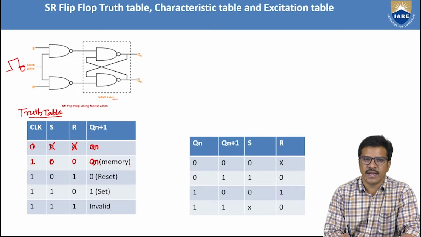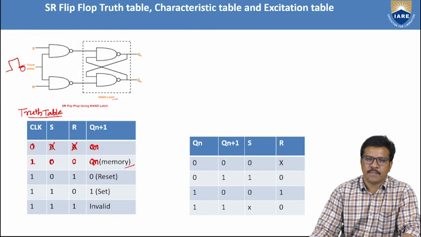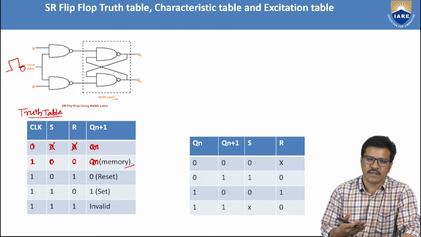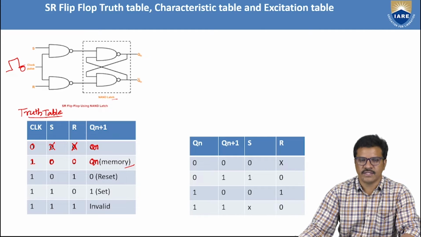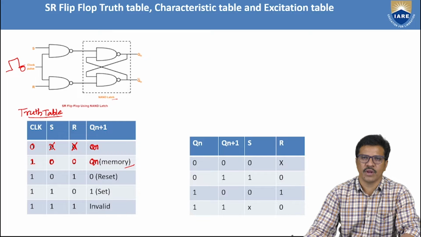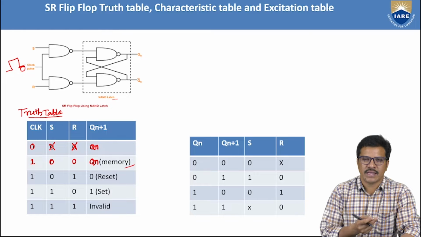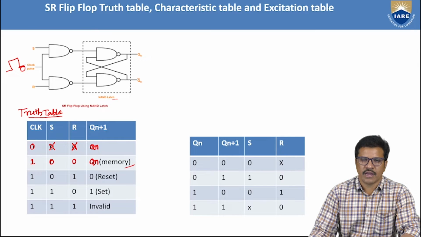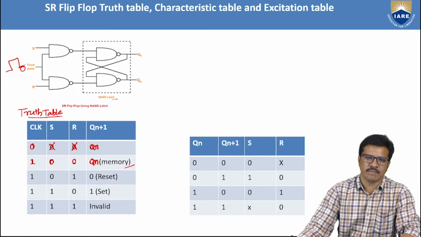This is what we call memory. As long as the previous present state, after applying the inputs, remains the next state as well, we can indirectly store logic values, whether 0 or 1. That's why it is called memory. Indirectly we get this memory because the present state is fed back to the input of the circuit; by getting that delay, it remains in the same state.